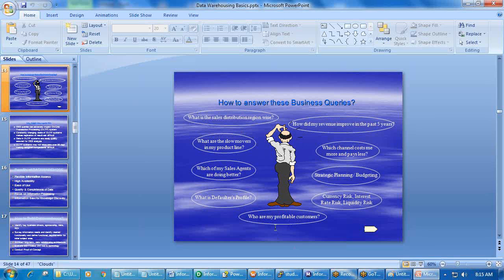Let's take some more examples. If I want to understand profitable customers and non-profitable customers, what is the need of identifying them? When you are providing offers, you'll provide offers to the profitable customers, not to the non-profitable ones. Let's say you have a Vodafone SIM and you're not using it for the past 2 years. Vodafone will not come and offer you a postpaid connection for free.